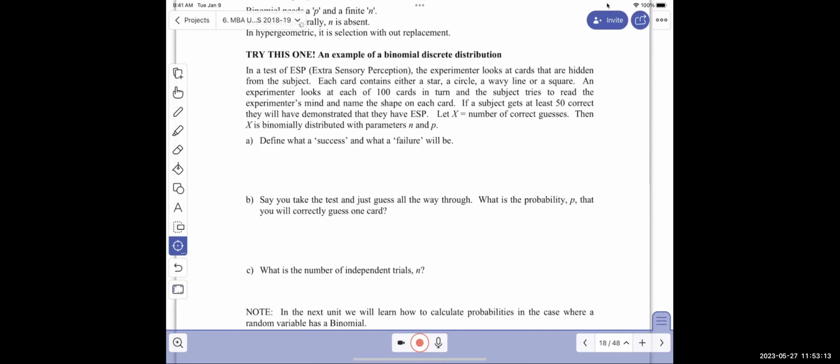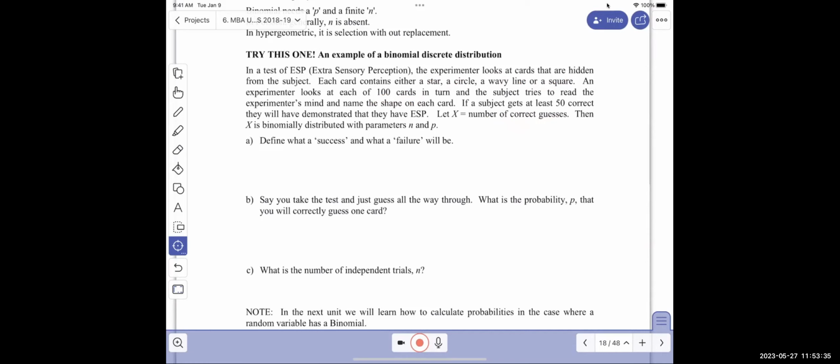Is this a binomial? Can you describe the variable known as the number of correct guesses that a person makes when they're shown 100 different cards with 4 possible symbols, and each of those symbols is equally likely to appear?